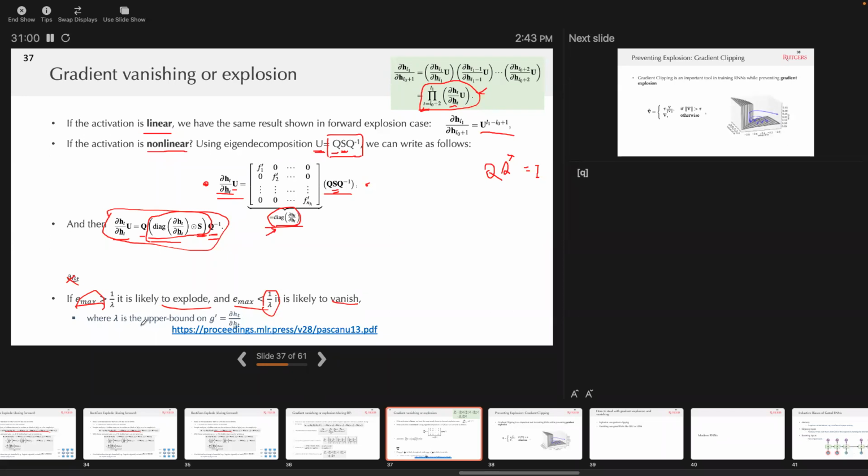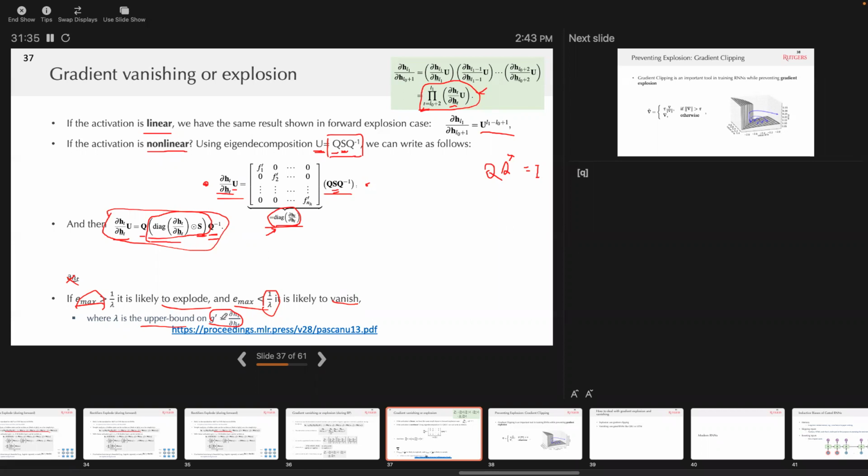This lambda is basically the upper bound of the gradient of the nonlinear activation. This is not very easy to achieve. You need the largest eigenvalue to be exactly arriving at this one value. That's why in the old days it was very difficult to train vanilla recurrent neural networks. If you're interested in more detailed analysis, feel free to go to this very classic paper.